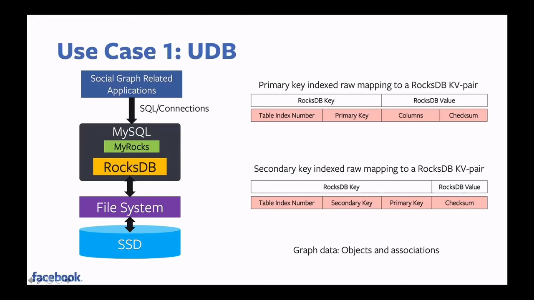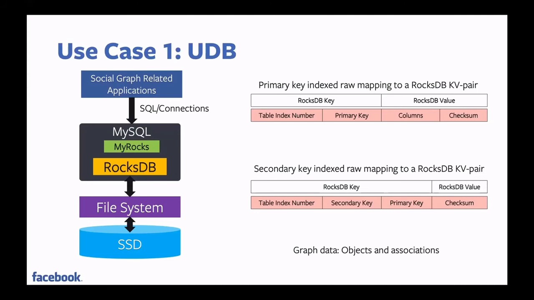Here are some examples of how we do this conversion. Usually we use the MySQL table index number as the prefix of the key, and then we use the primary key, for example the vertex number, and also the other keys as the portion of the RocksDB key, and store other information as the value part. For the social graph, Facebook maintains the world's largest social graph, and we do graph partitioning.